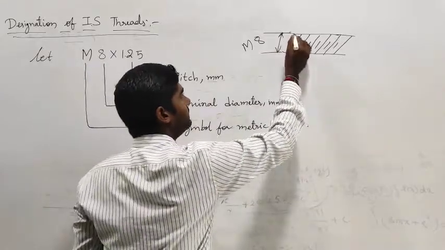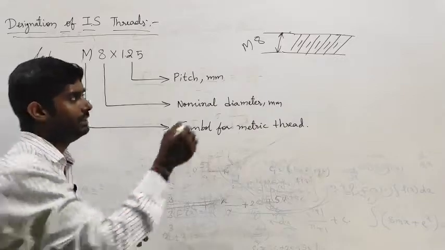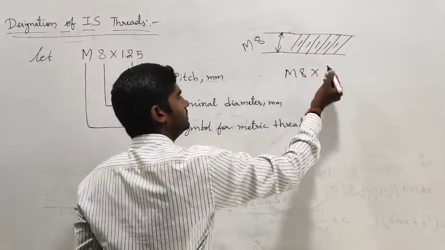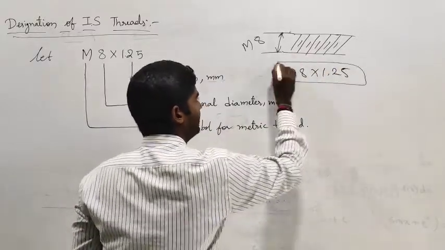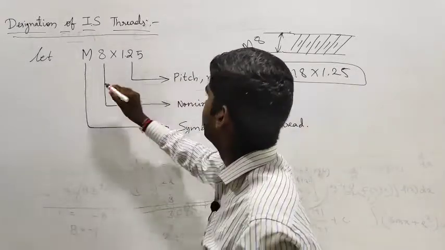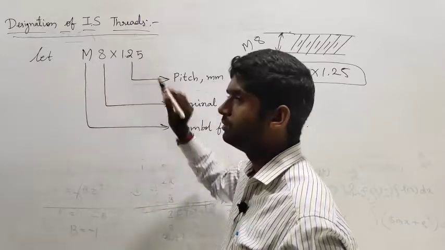In this thread there are some limits or tolerances. The designation is M8 into 1.25. Let's see what M8 into 1.25 means.